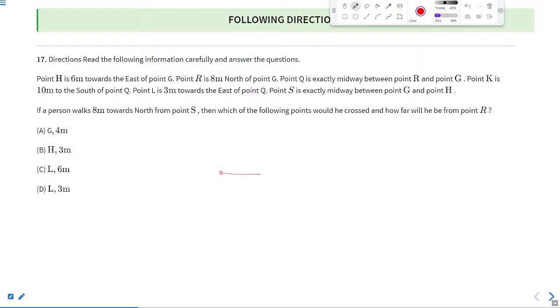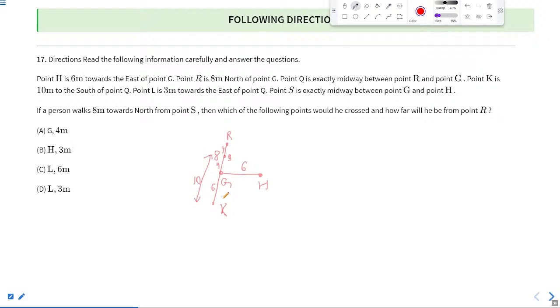So we have point H and point G. H is 6 meters east of G. Point R is 8 meters to the north of G. Point Q is midway between R and G. K is 10 meters to the south of point Q. So that gives G and K as 10 minus 4, 6.